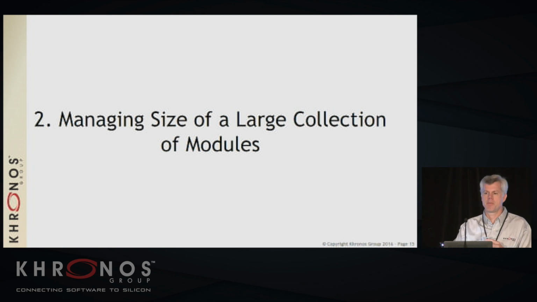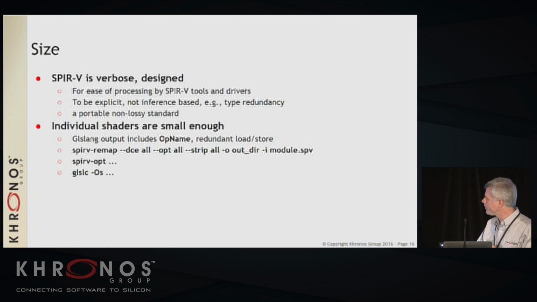All right, so that was all about creating SPIR-V modules to begin with. I'm going to talk a little bit about managing the size of SPIR-V, especially if you have a large collection of modules. One module, there's really nothing to worry about. So SPIR-V is verbose. It's designed really to maximize portability and simplicity.